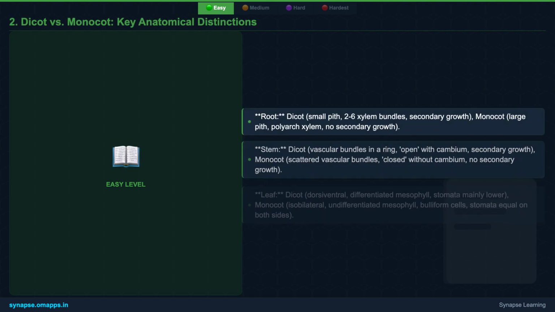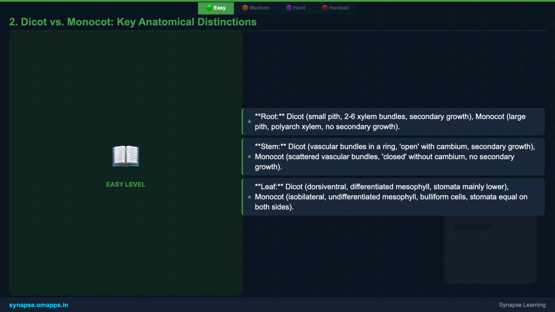Now, let's look at the key differences in roots, stems, and leaves. Dicot roots typically have a small pith and 2 to 6 xylem bundles, allowing for secondary growth. Monocot roots, in contrast, boast a large pith and more than 6 xylem bundles, but no secondary growth.